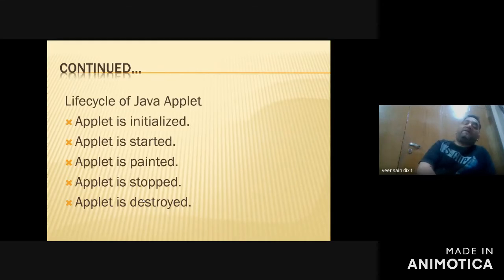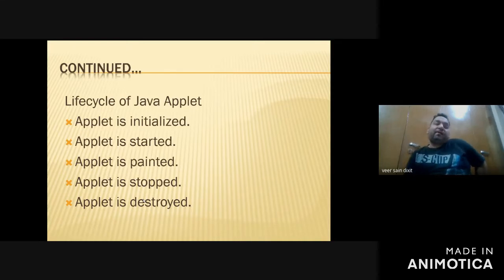Then what is the life cycle of a Java applet program? Always in the viva as well as in the theory exam, this question is asked: what is the life cycle of a Java applet? There are 5 phases in this. First of all, your applet gets initialized. All the variables and methods of the applet will be initialized.